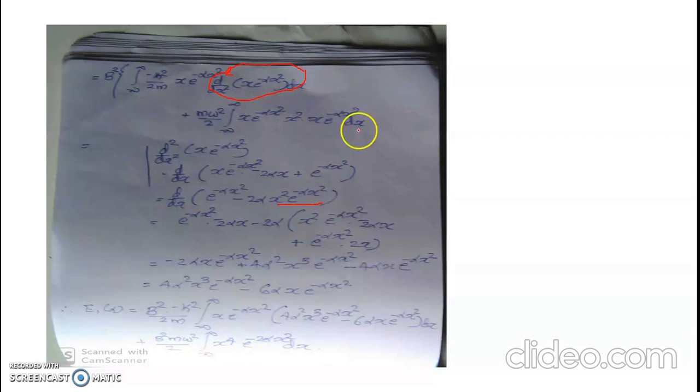These terms can be simply multiplied because the operator has only the mathematical function x square into x, make it x power 4 e raised to minus alpha x square into e raised to minus alpha x square, make exponent minus 2 alpha x square dx.